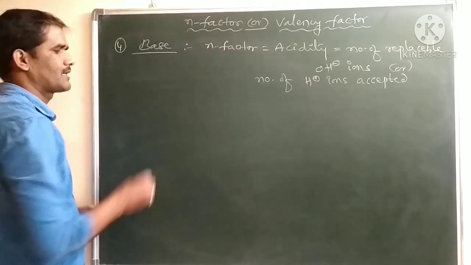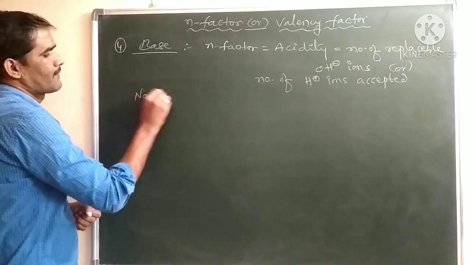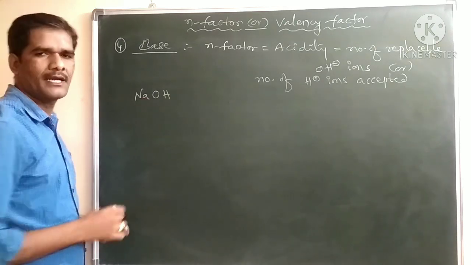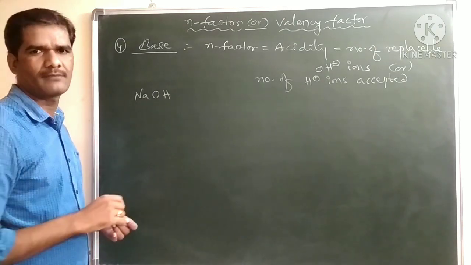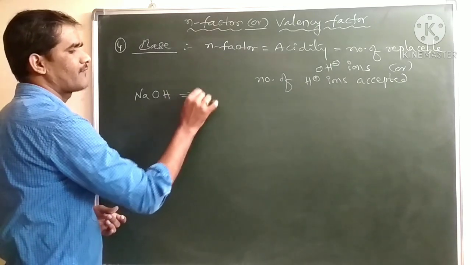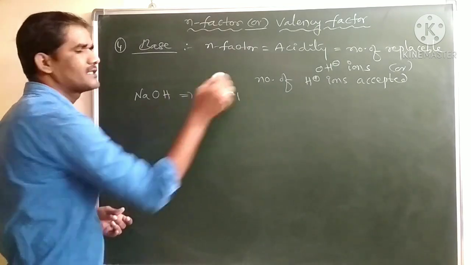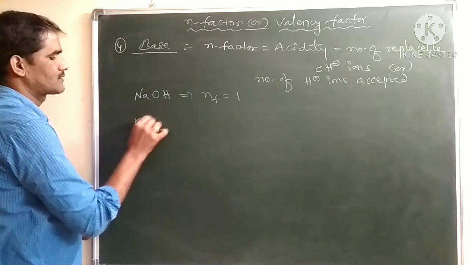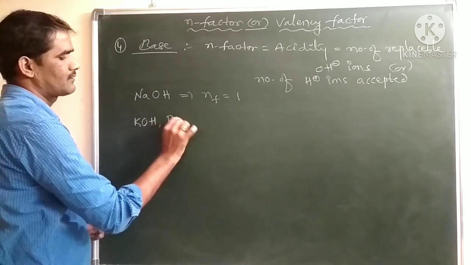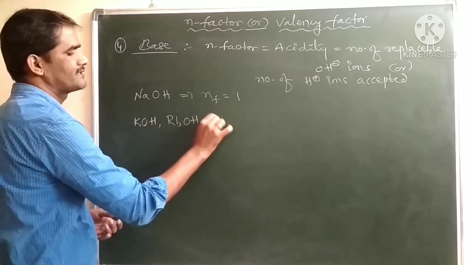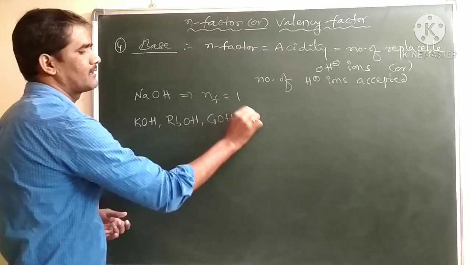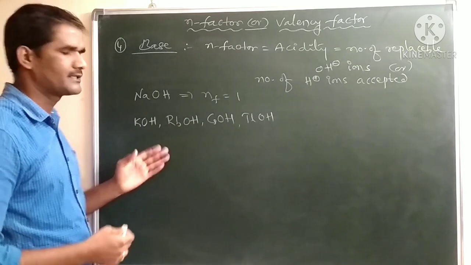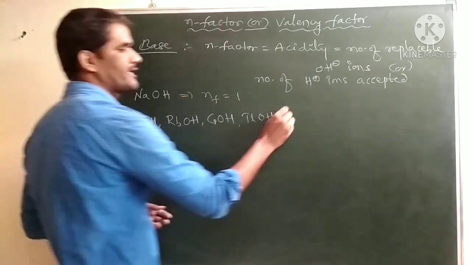Again, let us take some examples. Sodium hydroxide. Here how many OH minus ions are replaceable? Only one OH minus we can replace. So N factor for NaOH is 1. Similarly, potassium hydroxide, rubidium hydroxide, cesium hydroxide, thallium hydroxide. In all these cases, the number of replaceable OH minus is only 1. So you can say N factor is 1.